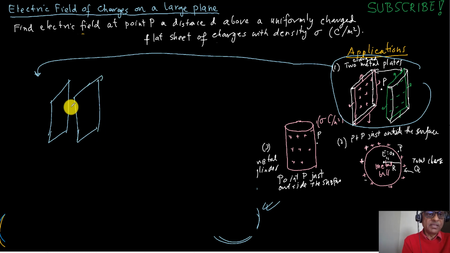This is all positive charge, and this will be all negative charge. If they have the same amount, this one is like plus sigma and this will be minus sigma, and they are a distance d apart, facing each other parallel.